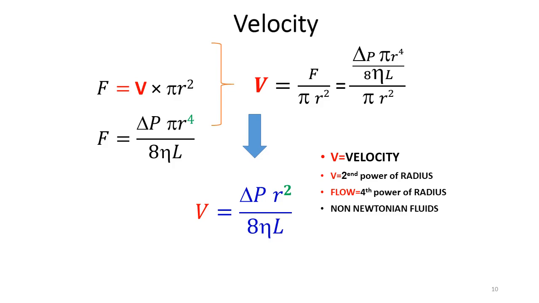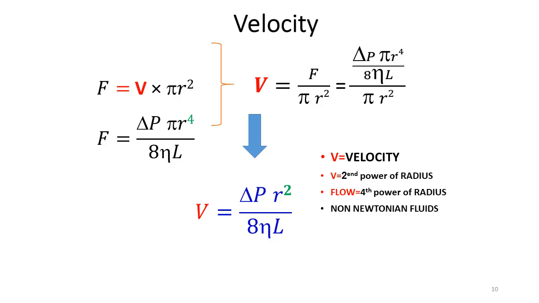Imagine you are driving at high speed on a road, and if you want to turn onto another road, you have to reduce your speed, otherwise you cannot turn properly. This is why the radius has a lower effect on velocity than on flow.